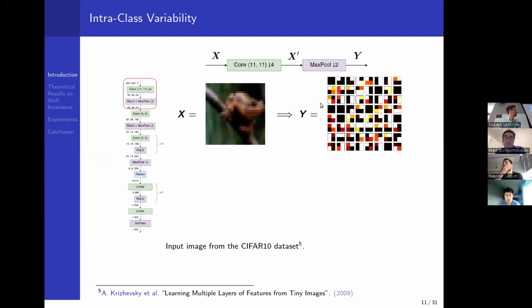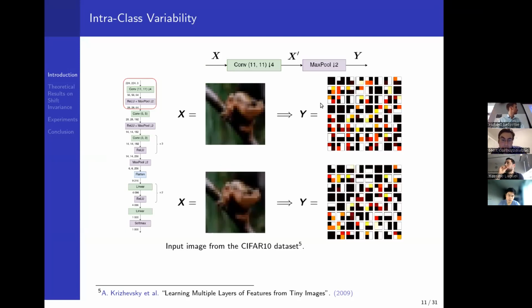So input three channels, output 64 channels. Now let's shift the input image by 2 pixels and do the same transformation with the shifted image. So this is what we get.